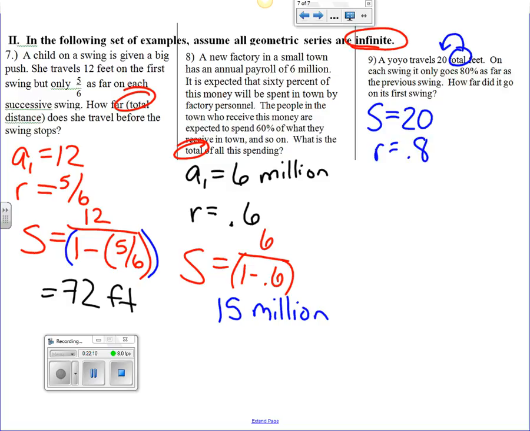Kendra, set it up for us. Do we know what S is? 20. So we put 20 equals A1 over 1 minus 0.8. Pandora, how do you get A1 by itself?